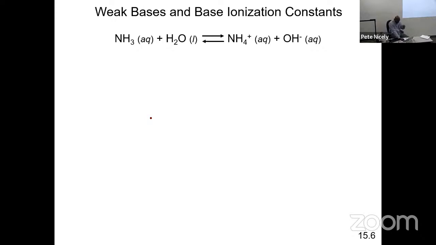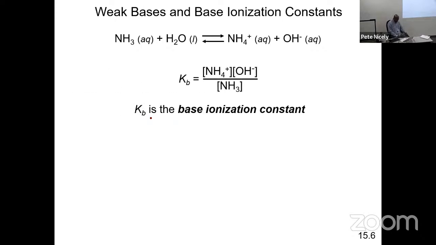So in the case of ammonia, Kb, which is the dissociation constant for weak bases, is given by, again, product over reactant in terms of concentration. So in this case, it's the concentration of ammonium times the concentration of hydroxide divided by the concentration of ammonia, and that would give you the Kb value, all right?